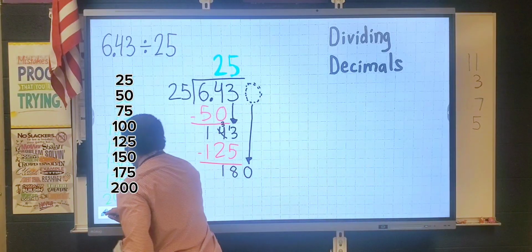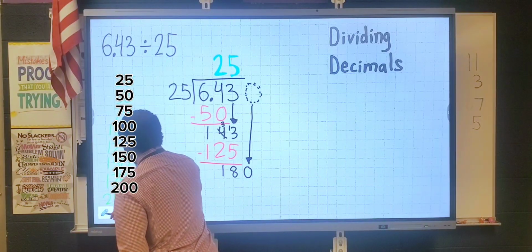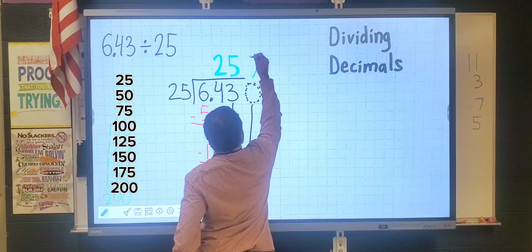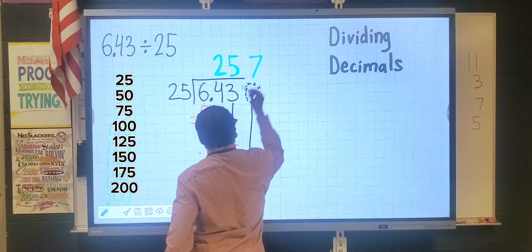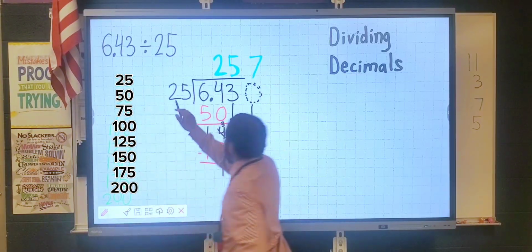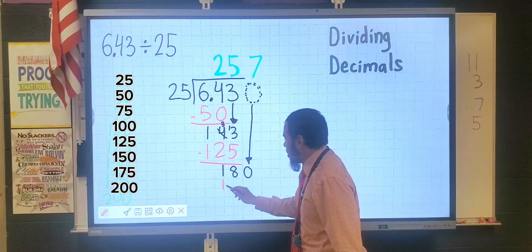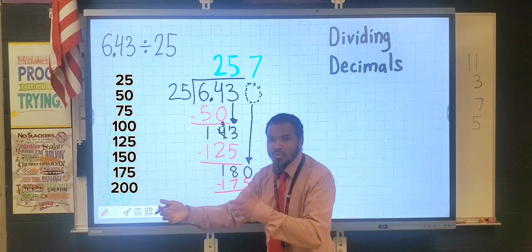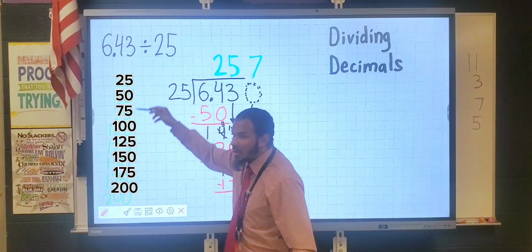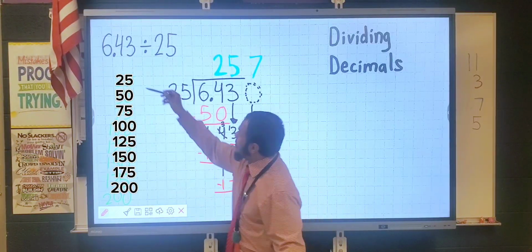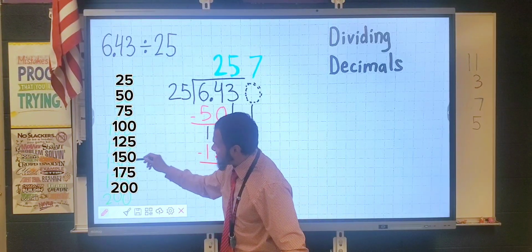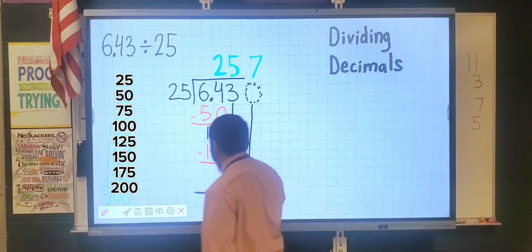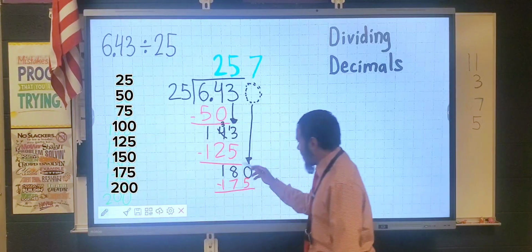So I'm going to put a 7 on top. And then I say 25 times 7 is 175. How did I get that so quickly? Well, you have your multiples, right? The 7th one: 1, 2, 3, 4, 5, 6, 7. So with that being said, we're going to subtract this.